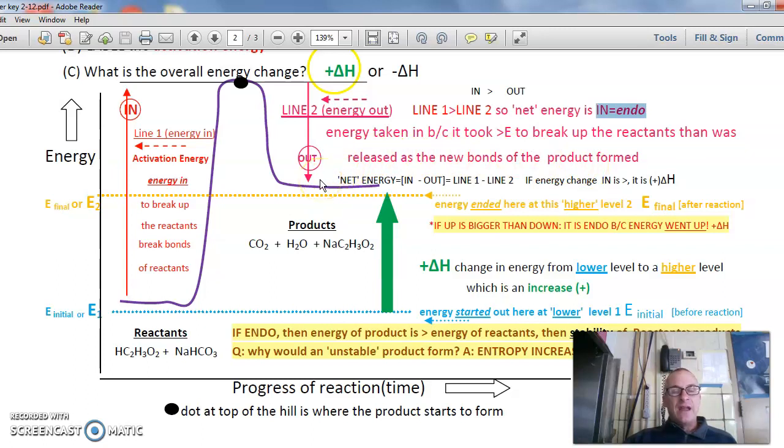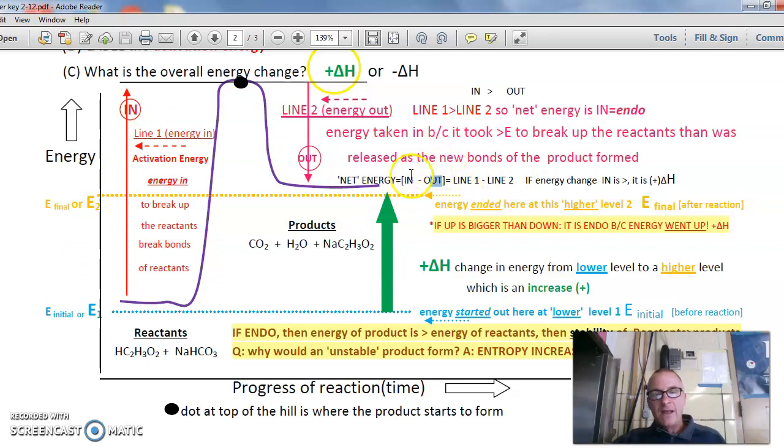That means that the enthalpy overall must have gone up. The enthalpy increased. The net energy: if we take the length of line 1, the length of the line going up, the line in, and we subtract the length of the line out, this big red line minus this shorter pink line, we can clearly see that the in line is bigger than the out line.